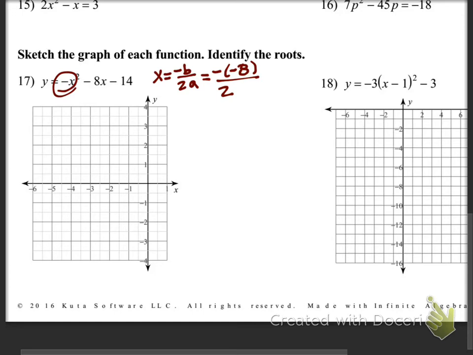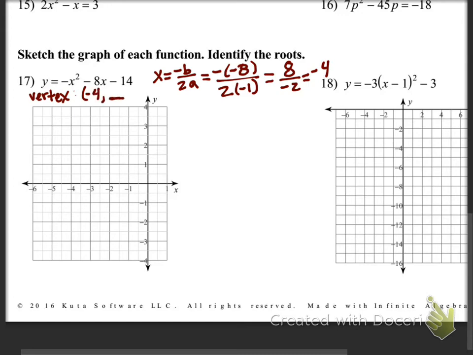A over here is negative 1. So negative times a negative 8 gives me positive 8, divided by 2 times negative 1, which is negative 2. So that gives me negative 4.